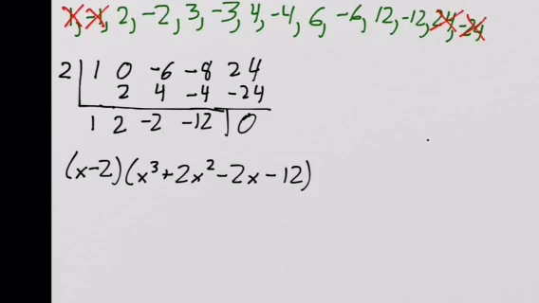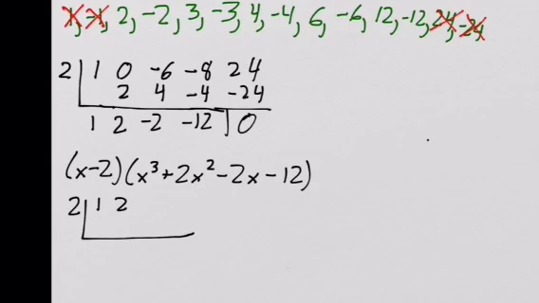So I'm now just testing on the smaller polynomial that I got, x cubed plus 2x squared minus 2x minus 12. And there is nothing that says 2 cannot be a 0 again. So I'm going to go ahead and start by testing if 2 is a 0 of this polynomial.